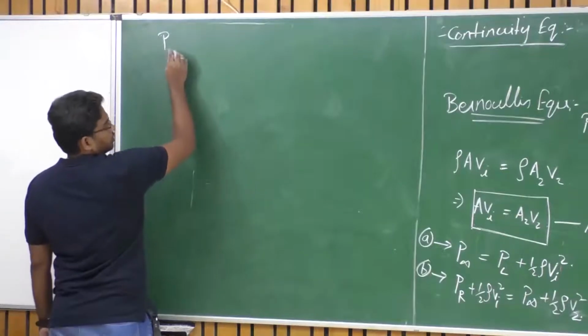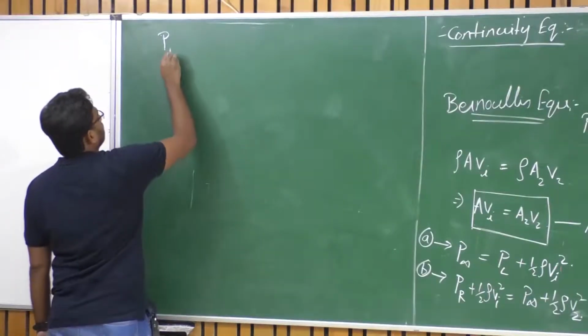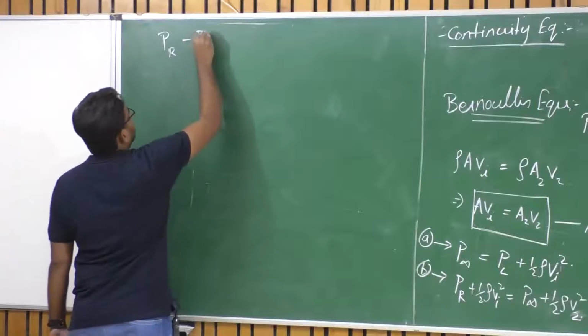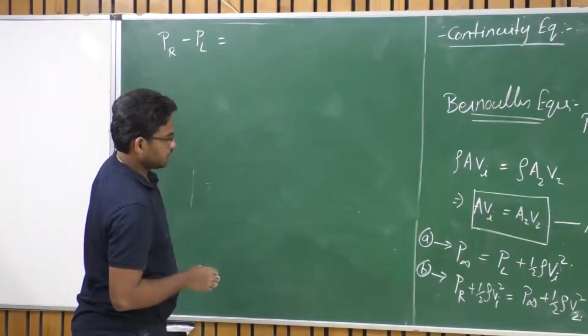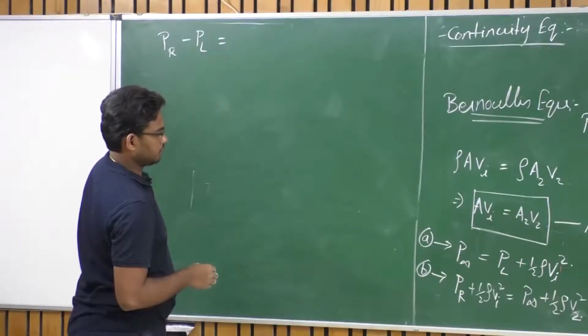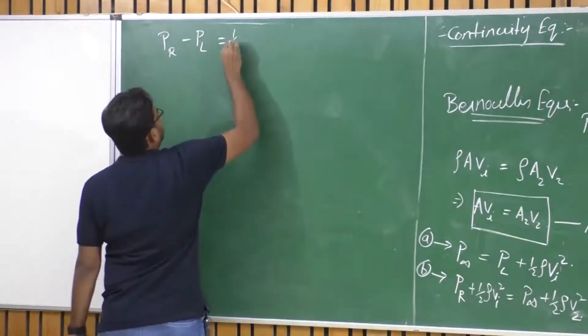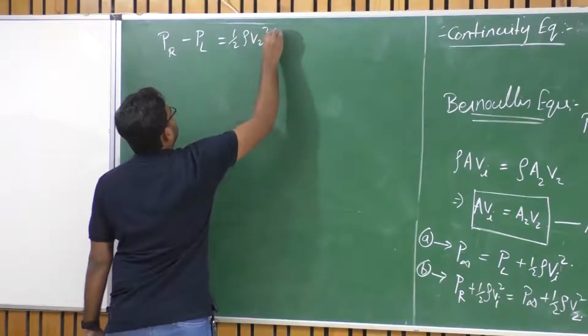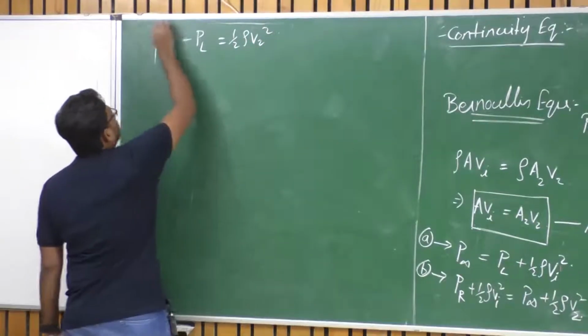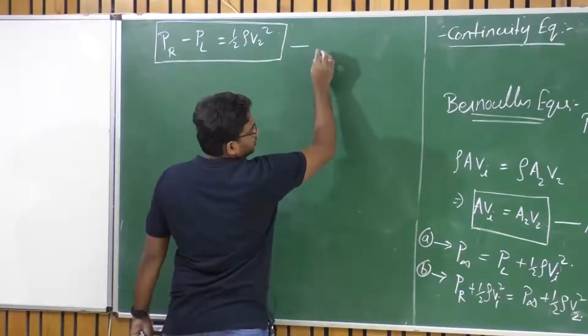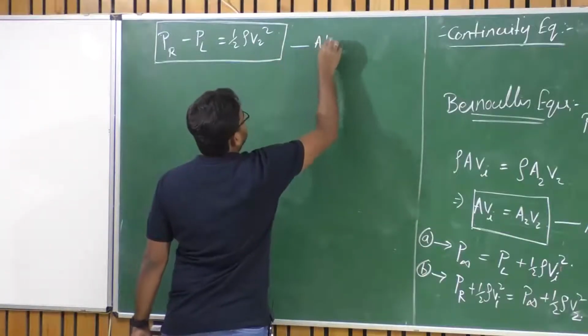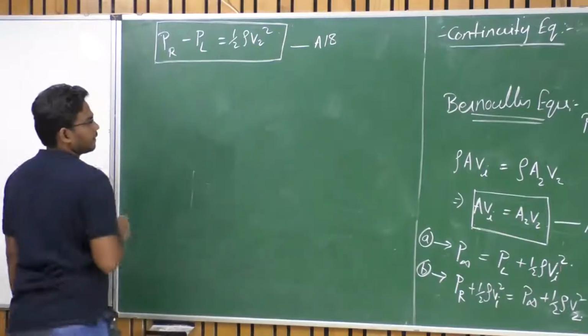So what I have is PR minus PL is equal to half rho V2 square. Let us say this is my equation 18, A18.